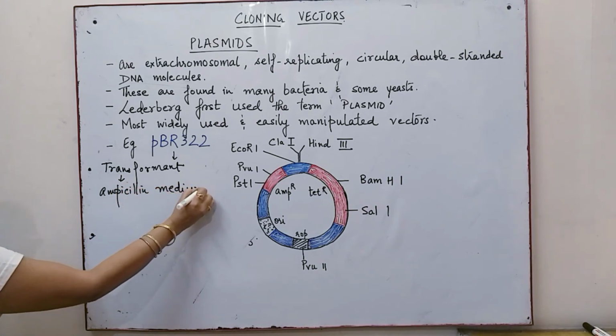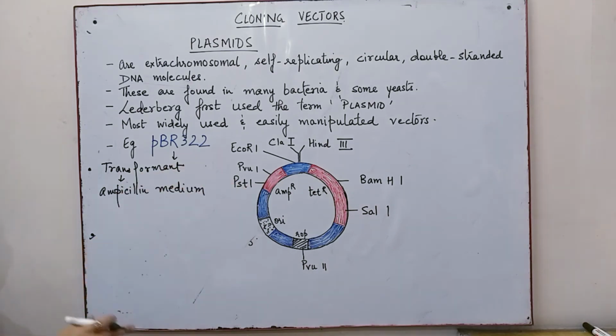And how have we created the transformant? We have used the BamHI site for ligating a gene, which is cutting off the tetracycline resistance.